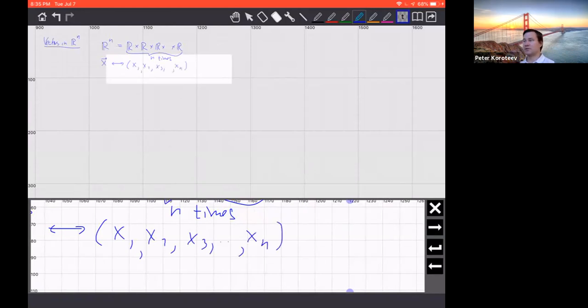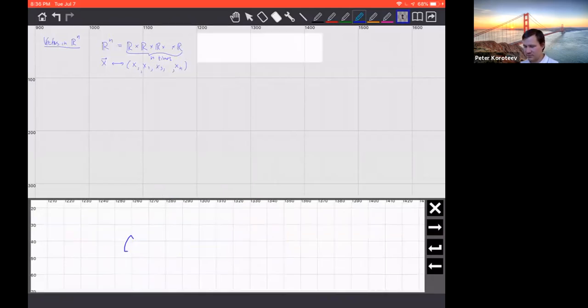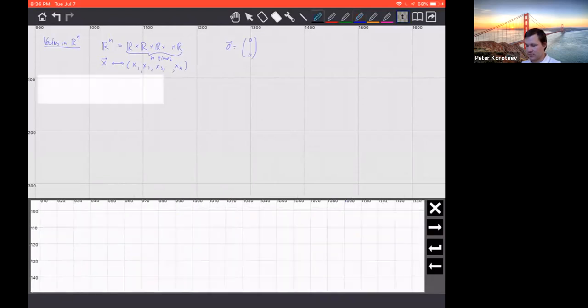We cannot draw it any longer on paper for n bigger than 3. However, we can still do operations with those vectors. In particular, there's a 0 vector, which has components 0, 0, 0, all zeros. And then here are the properties of arithmetic operations with vectors.